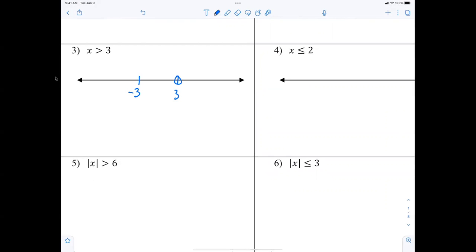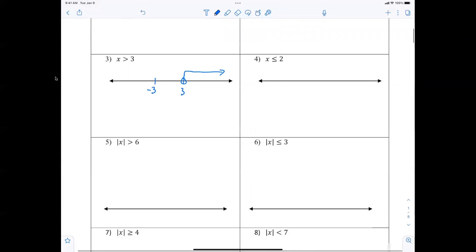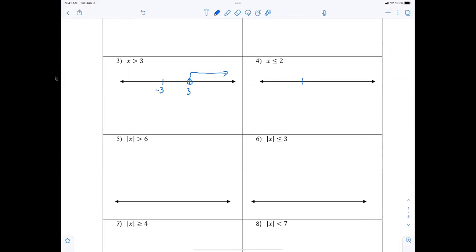Open circle at 3. And we're heading to the right. I feel like everybody should be pretty good with this. Less than or equal to 2, just to make sure we have -2 and 2, solid dot going to the left.